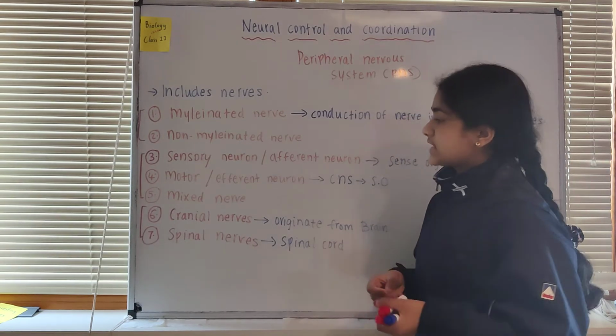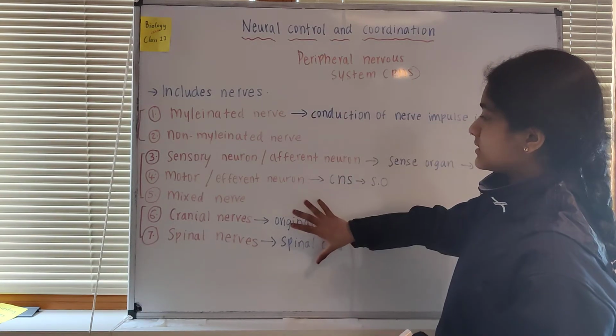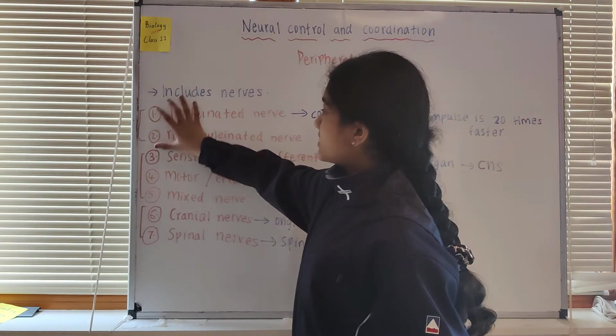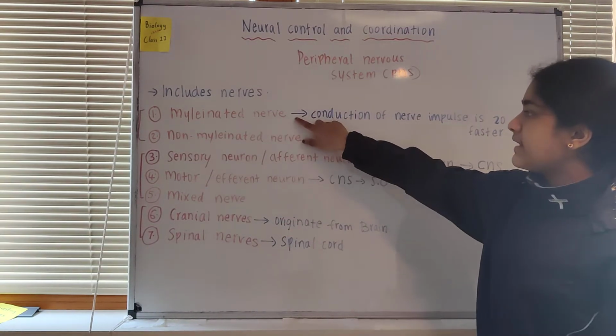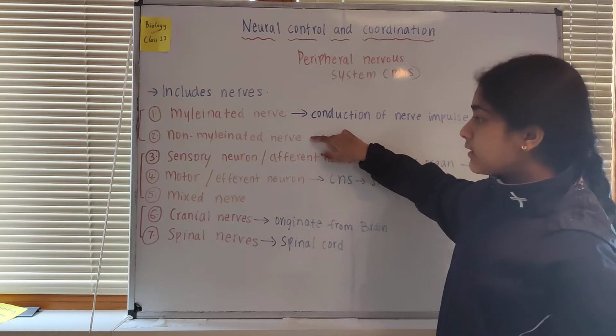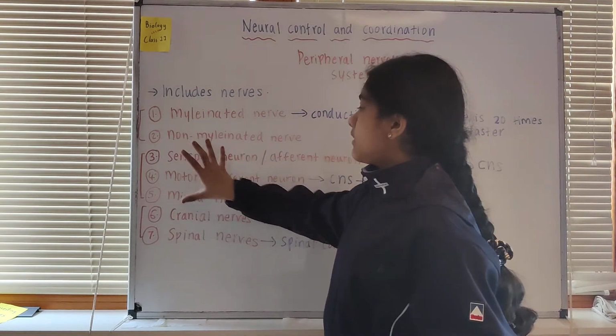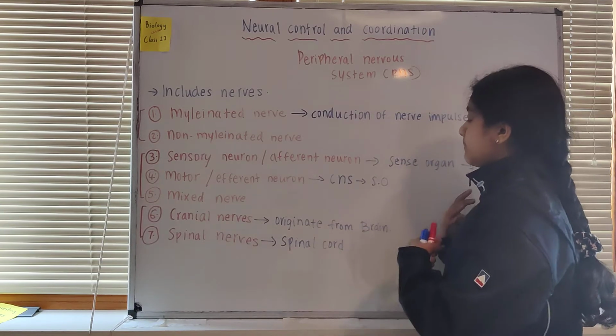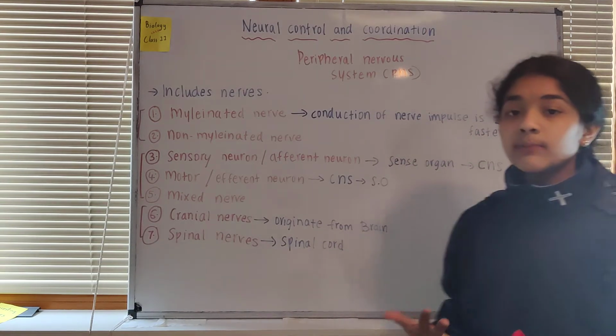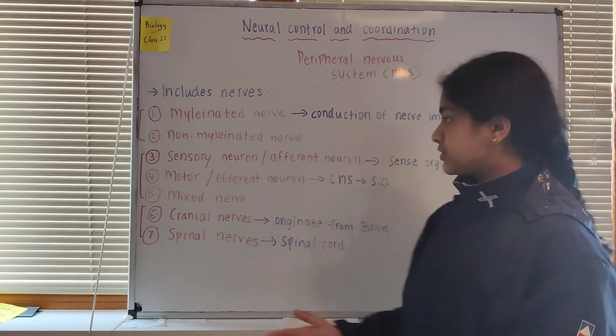So here we have classified nerves into three categories. First is on the basis of the presence and absence of myelin sheath, that is, we have myelinated nerve and non-myelinated nerve. Then the next category is on the basis of the place from which the nerve impulse is going to which place.